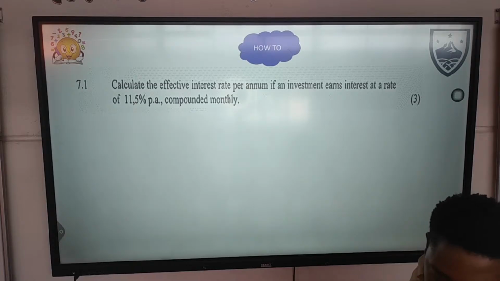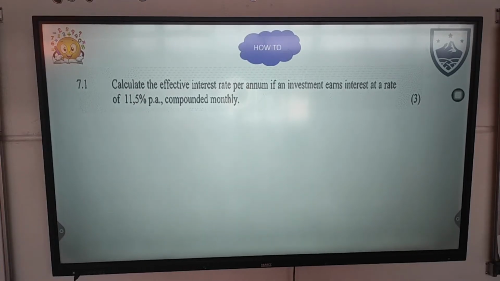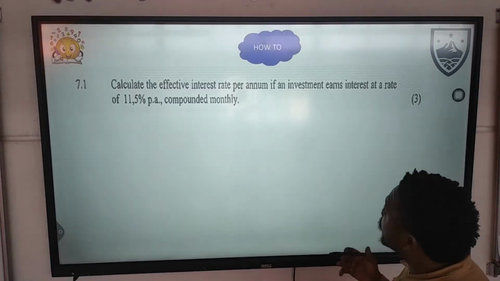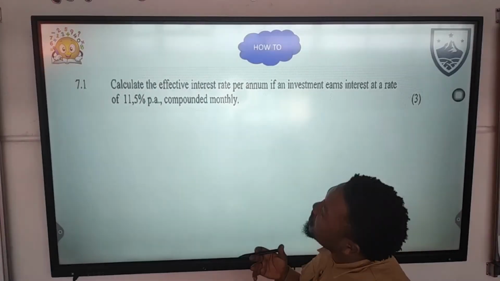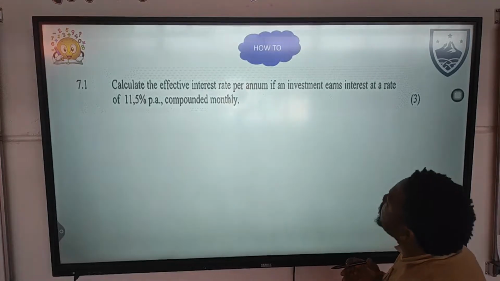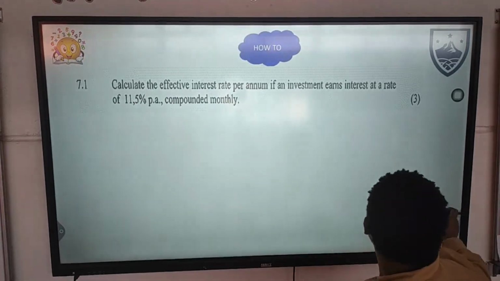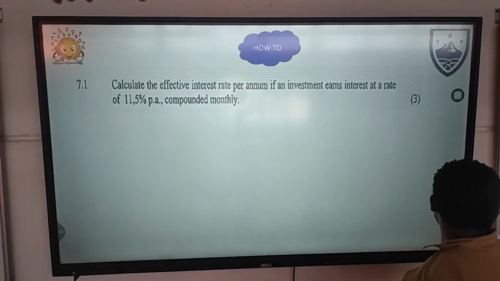Right. Normally we as grade 12s rely on our formula sheet. So when it comes to the effective interest rate per annum, let's take a look at what we have here.